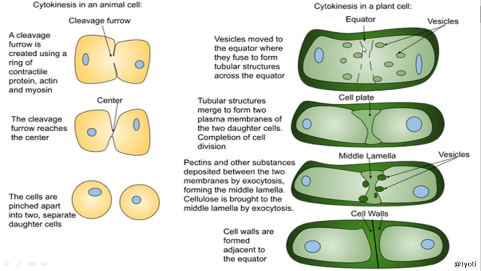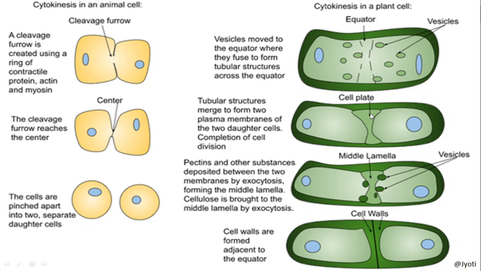These vesicles are formed by the Golgi complex. The vesicles of the Golgi complex move towards the equator and accumulate at the equator, and the vesicles fuse together to form a tubular structure across the equator.